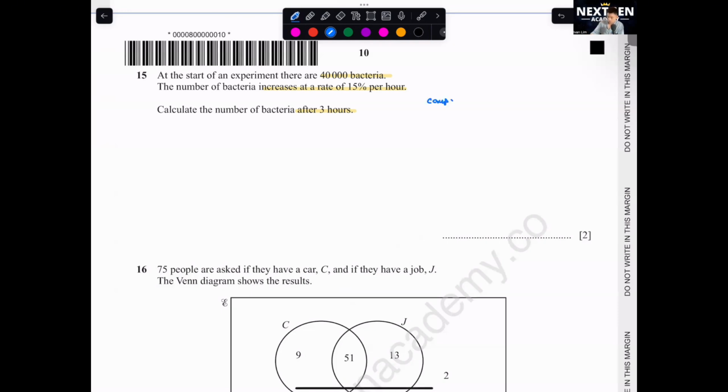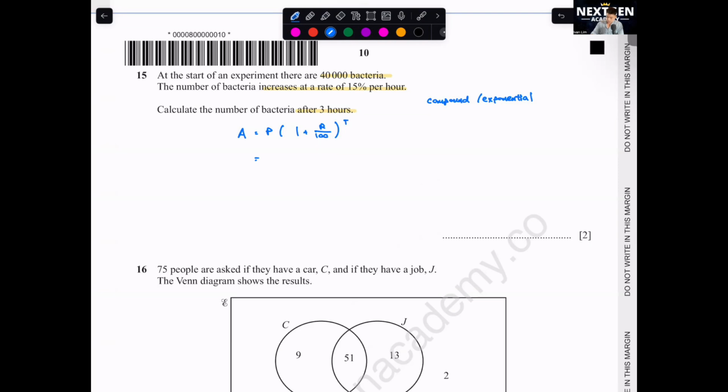So you can write down here first: this is a compound or an exponential increase. What is the formula for this? We will use the compound interest formula, which is A equals P bracket 1 plus R over 100 to the power of T. A means your final amount, P is your original amount, R is the rate, and T is the time.